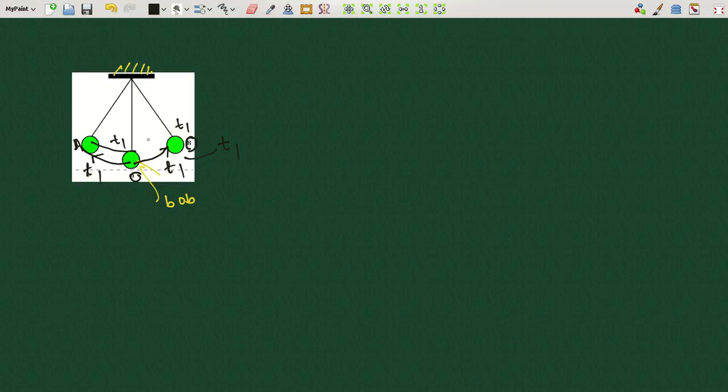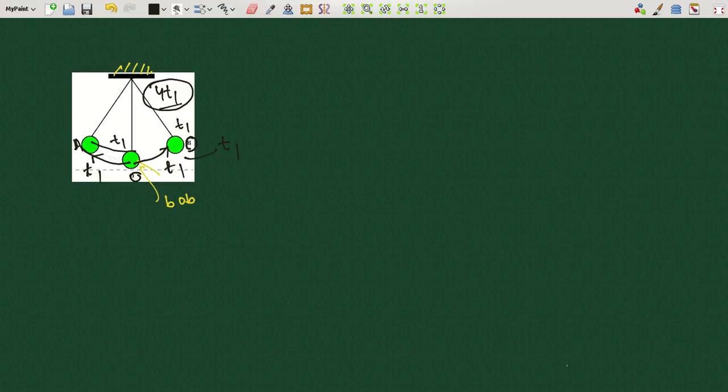So how much time does the bob take to complete this oscillation? It is equal to 4t1. Such motion always occurs in a particular time. That is, for completing one oscillation the bob always takes 4t1. That's why it is called periodic motion.